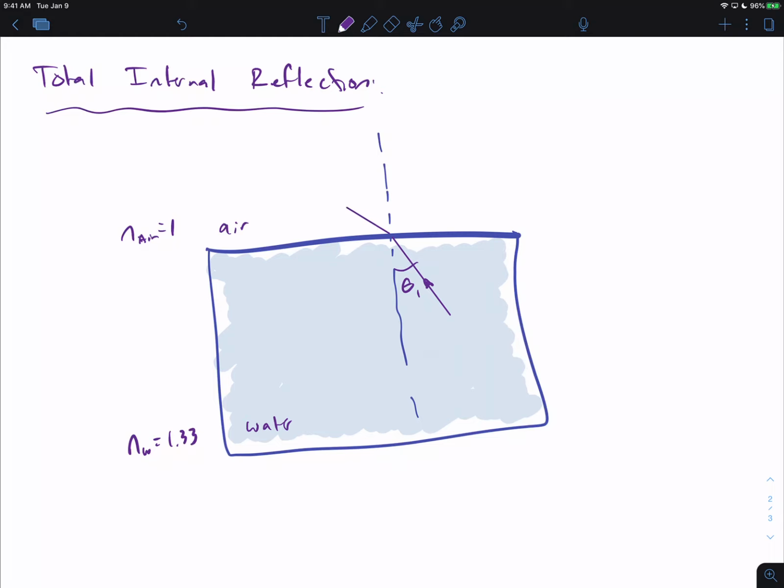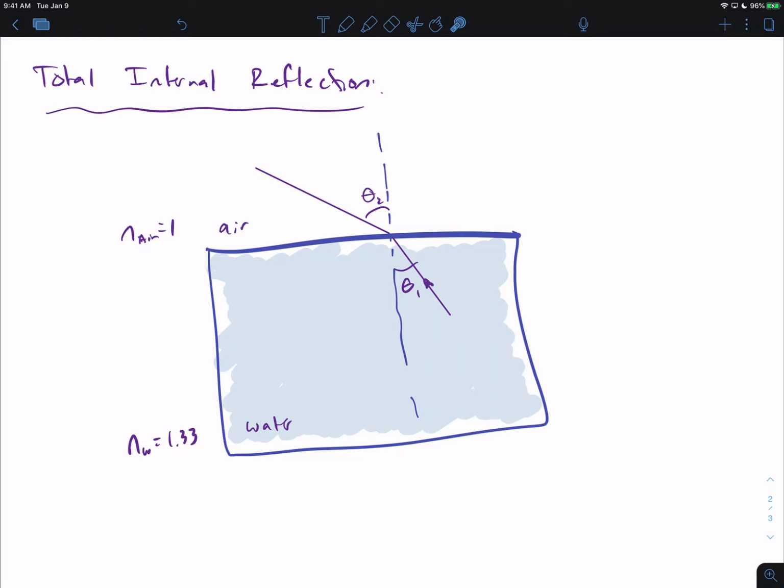When we leave, we'll have a larger angle, theta 2. Theta 2 will be greater than theta 1 when I'm traveling from water to air because my index of refraction is going down, so my angle is going to increase.